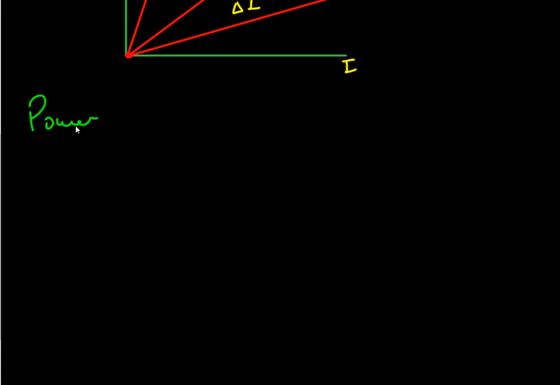Okay. So next, let's talk about power. We haven't talked about power yet. Remind me, what is power from when we looked at our energy unit? What units is it measured in? Joules per second. And so basically what we're saying is power is going to be equal to energy over time.